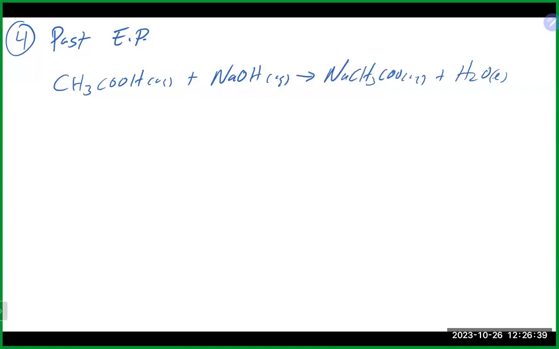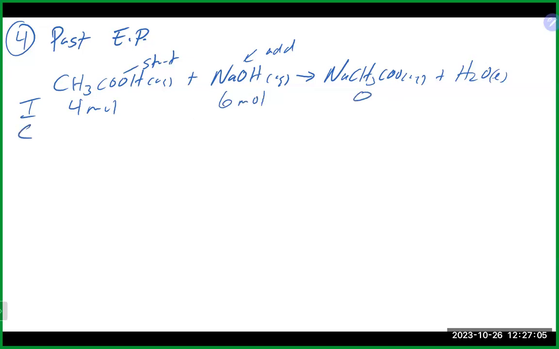And now that we're past the equivalence point, we'll start with our same starting amount of acetic acid, which will be our 4 moles. And since we are past the equivalence point, our sodium hydroxide should now be more than that. So just like the previous one, at this point you're just dumping more base into your titration. So I'm going to make up the number of 6, which is more.